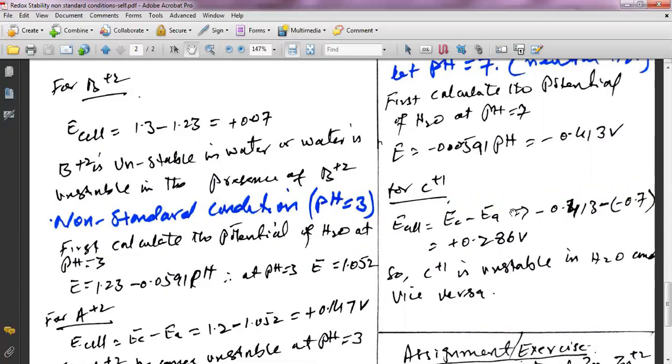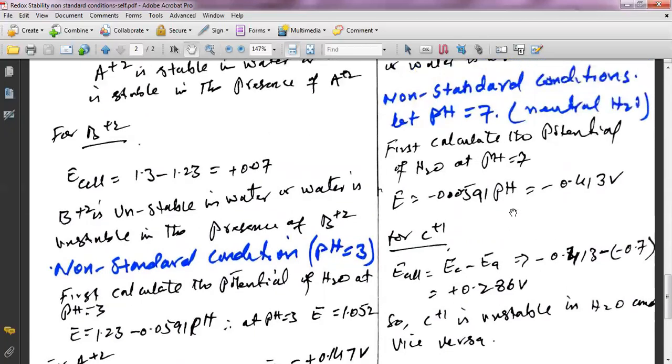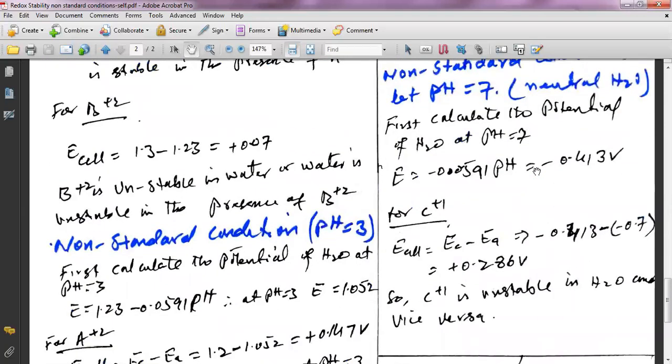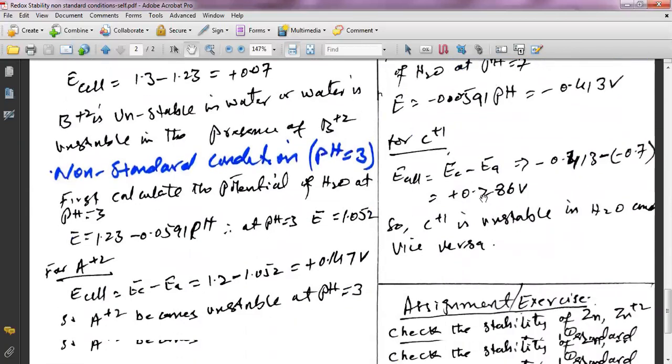So this is all about the stability of the metal ions in the presence of the water at non-standard conditions. So by changing the pH, in case of the C plus 1, it was stable at standard condition, but it is unstable at non-standard conditions. So this is the importance of this lecture.